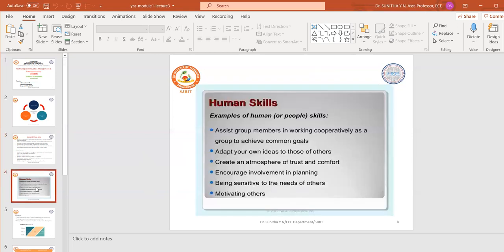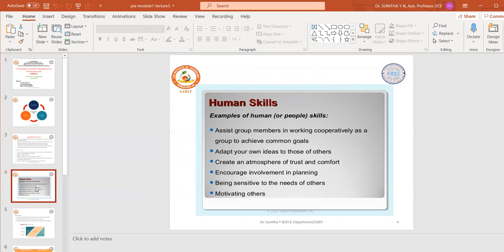What are the different human skills? Here are a few examples of the human skills that a manager should possess. Assist group members in working cooperatively as a group to achieve common goals. Coordination: he should extend his coordination among his colleagues or co-workers.